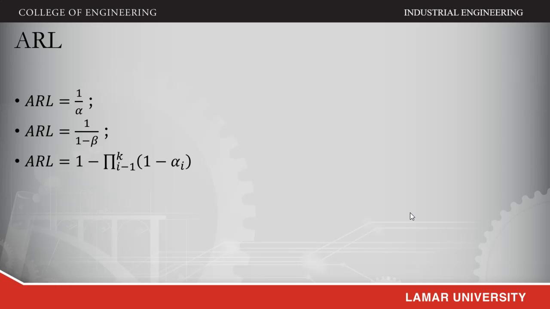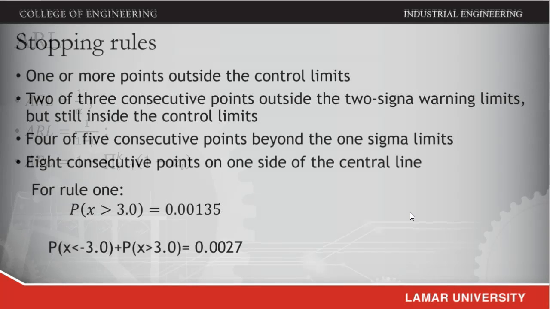So we need all of them not to send the stop signal, and 1 minus all this multiplication would be the total probability of finding at least one of the rules sending a stop notification. We're going to talk about that a little bit more in detail in the next slides.